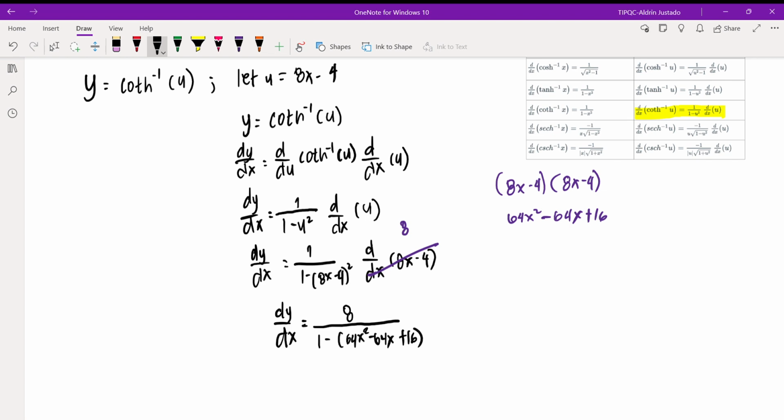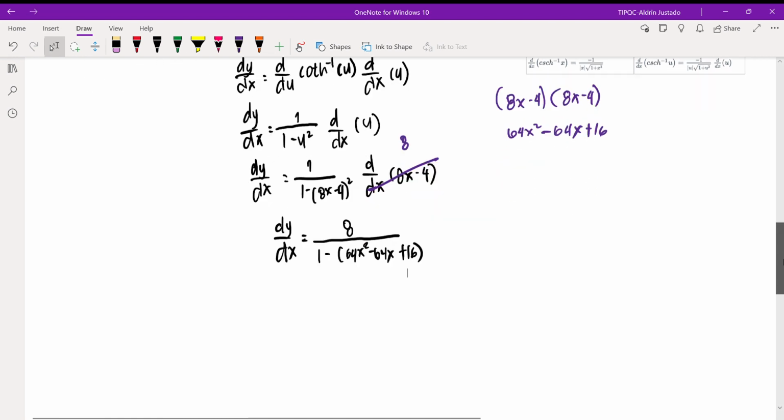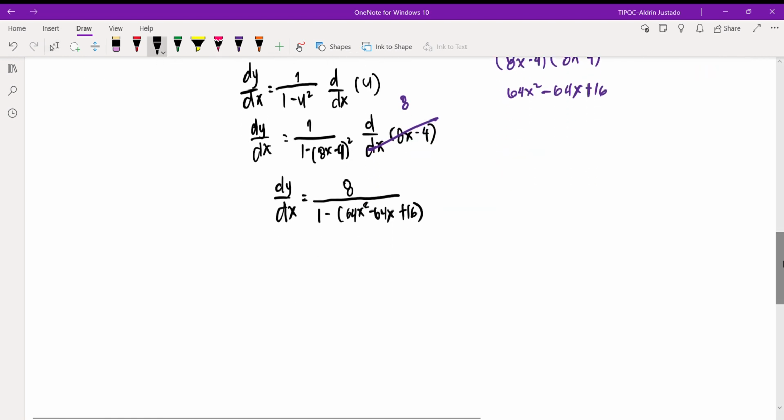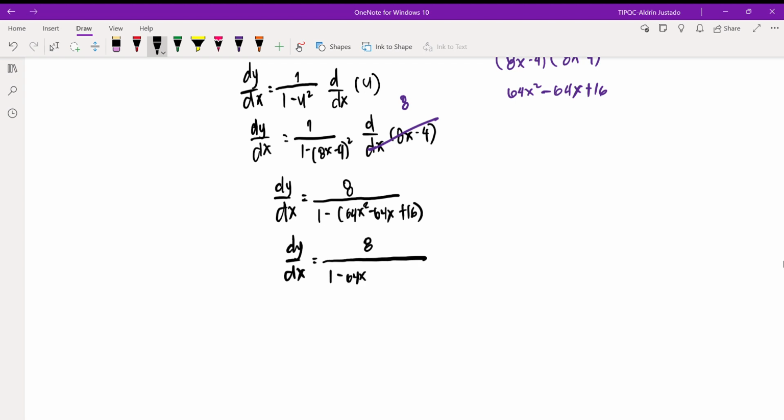Simplifying, dy over dx is equal to 8 over 1 minus 64x squared plus 64x minus 16, and we will get dy over dx is equal to 8 divided by negative 64x squared plus 64x minus 15.